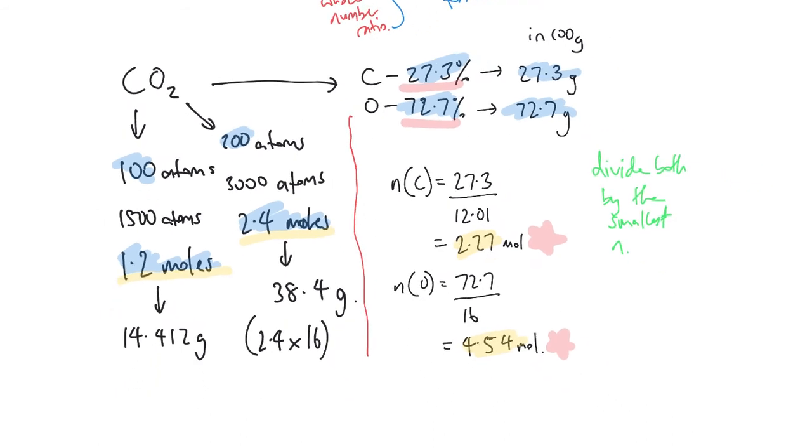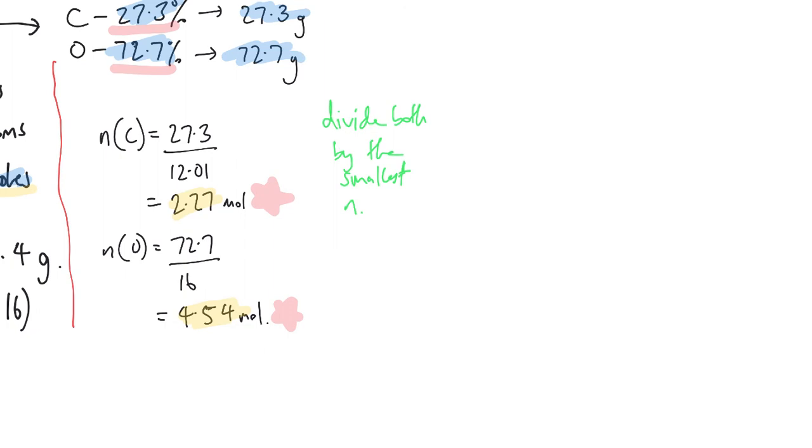So, if we were to take this one here, and we would say, okay, carbon and oxygen, the number of moles is 2.27 and 4.54, and I'm building a table here if you haven't worked that out.